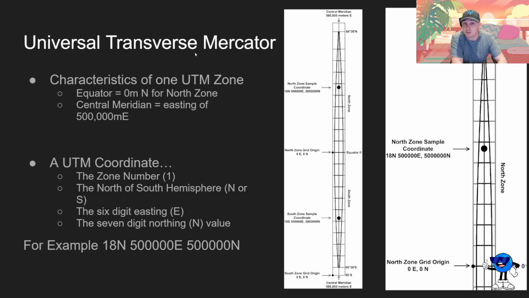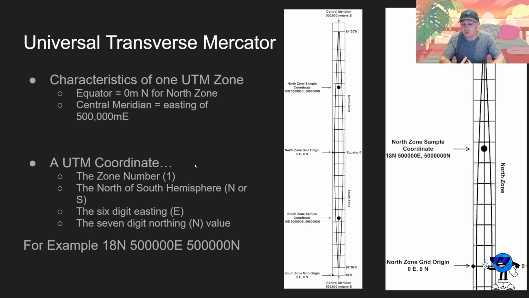So, Universal Transverse Mercator has a couple of characteristics for each individual UTM zone. The equator is going to be at 0 meters north for the north zone, and the central meridian is an easting of 500,000 meters east. Each UTM coordinate is made up of a few individual characteristics.